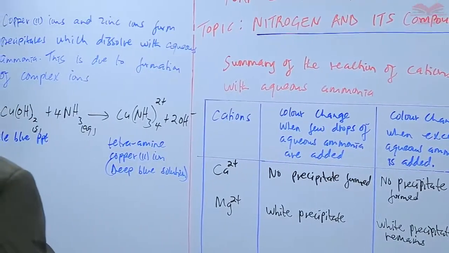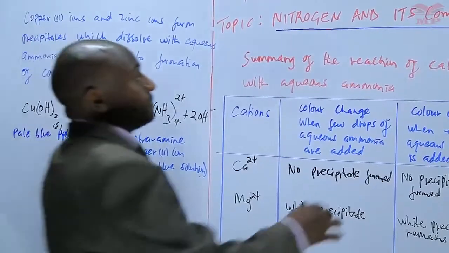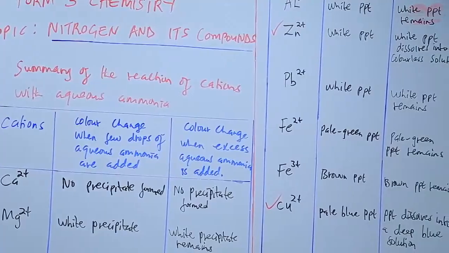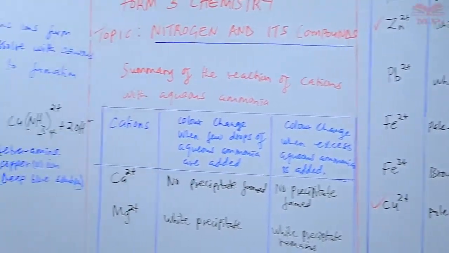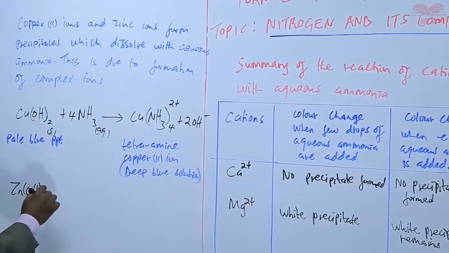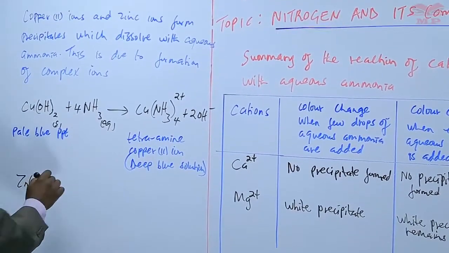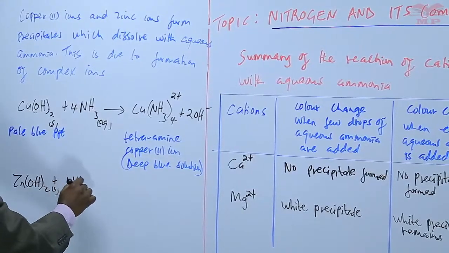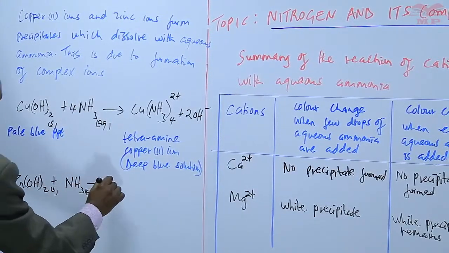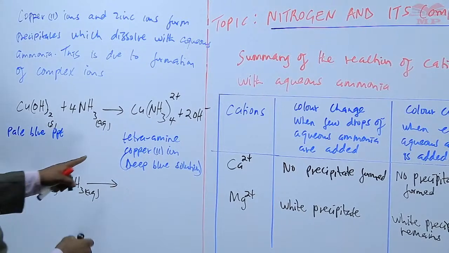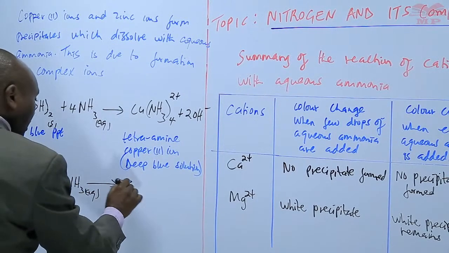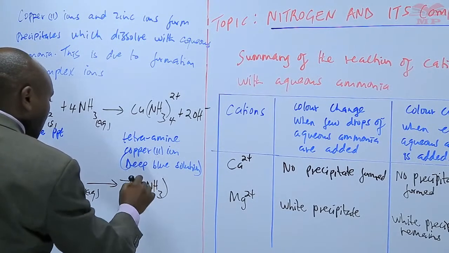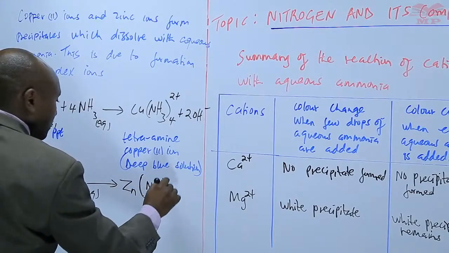For the case of zinc, the precipitate was due to the formation of zinc hydroxide. And when you add excess ammonia solution, there is formation of a similar complex ion that we call tetraamine zinc 2 ion.